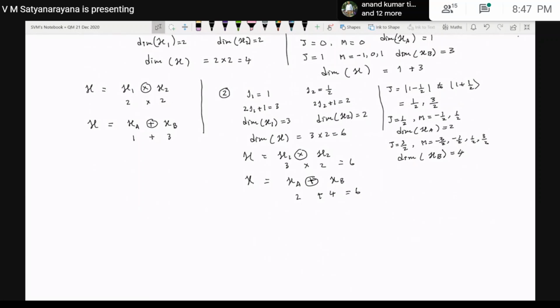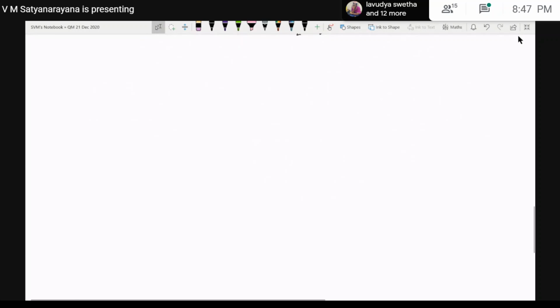Now let's try to get these coefficients. So now let me say that we'll try to find out this Clebsch Gordon coefficient. So the evaluation of the CG coefficient.